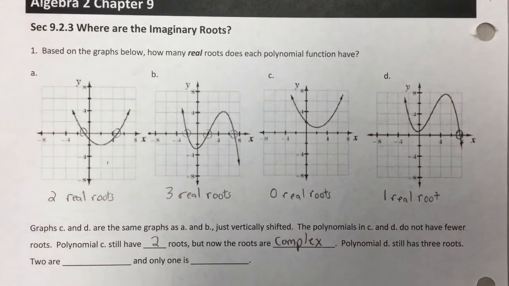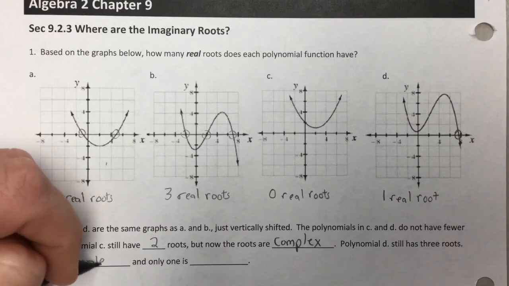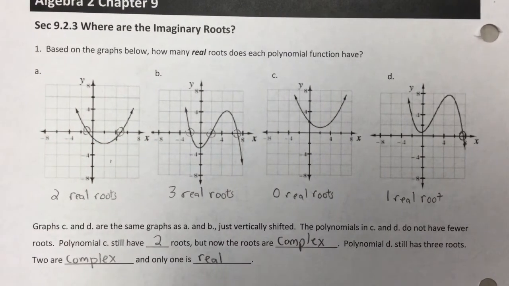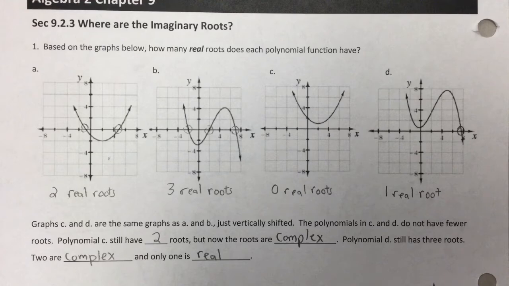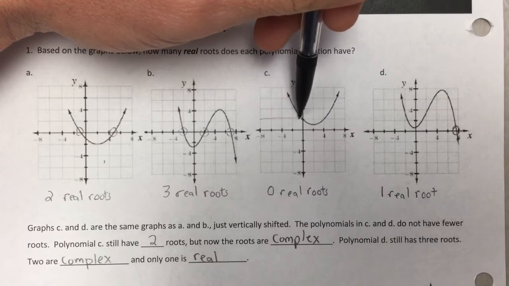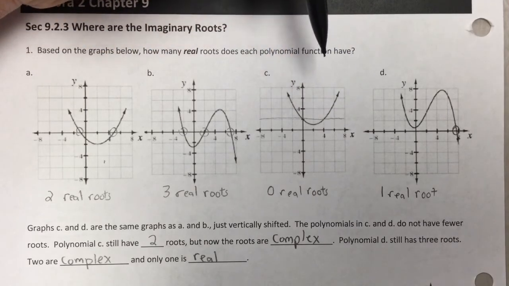Polynomial D still has 3 roots. 2 of them are now complex, and 1 is real. The way I kind of think of this is if I can draw a horizontal line going through any of these parts, that's how I can determine how many would be complex.